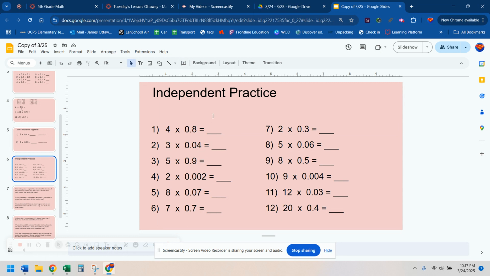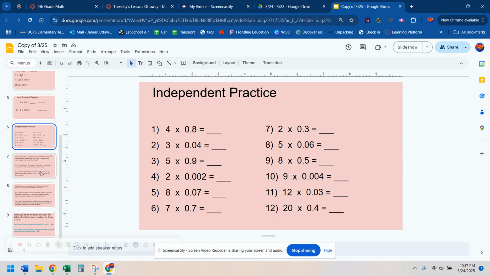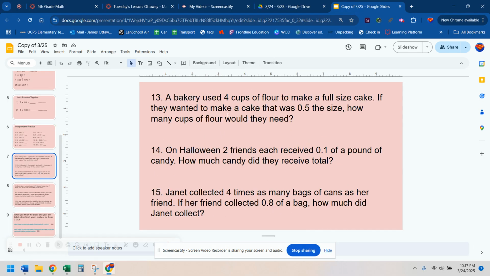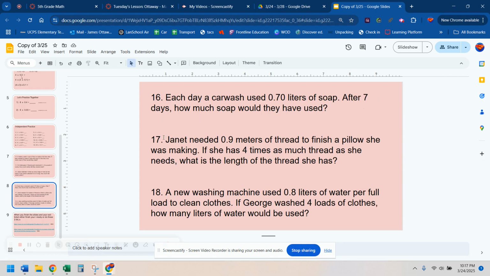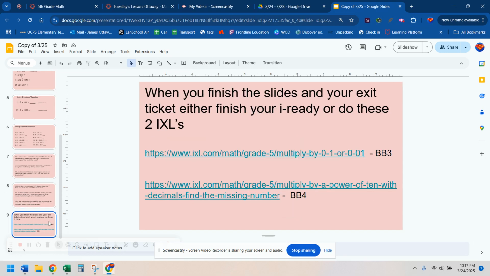For today, your answers should go on a sheet of paper that can get turned in. Once you have these 12 done, you'll continue on. 13, 14, 15 are story problems that involve this skill. 16, 17, 18 are a few more story problems. Once you finish that, go ahead and get your exit ticket done.